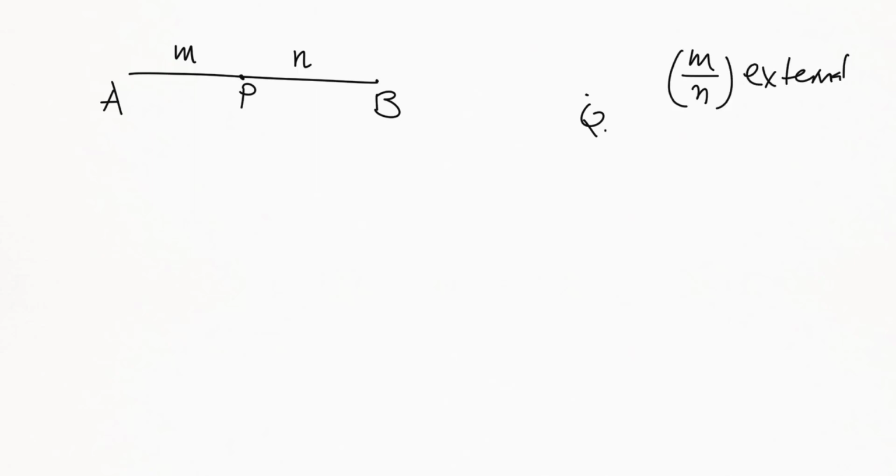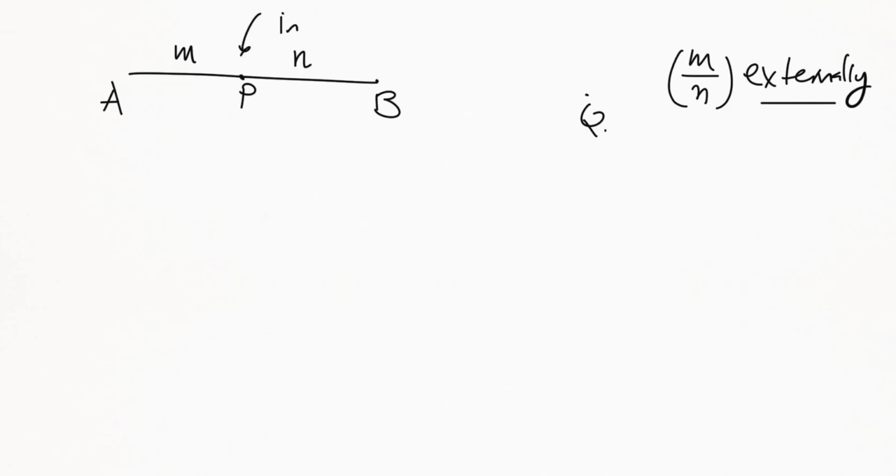So point A, B. Suppose one point P divides this line segment in ratio m:n, and you find another point Q that also divides this line segment in m over n ratio, but it divides externally, right?